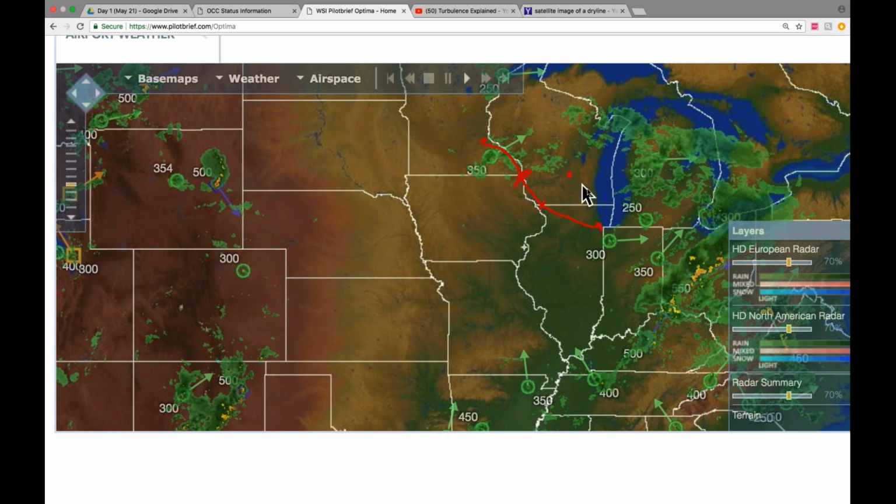You got Madison right here. You got Milwaukee right here. I planned his alternate to be Indianapolis because it was a really far alternate. That's always good. Like Indy is almost always good weather.